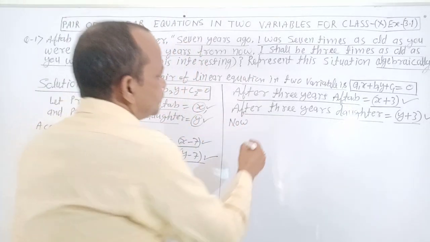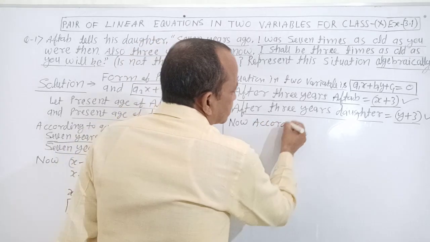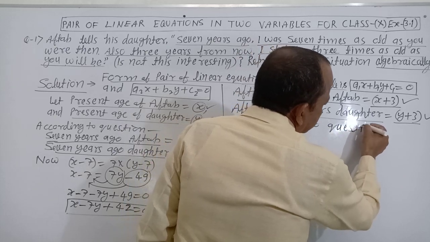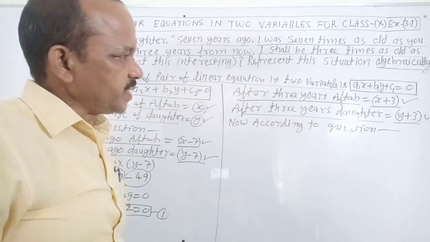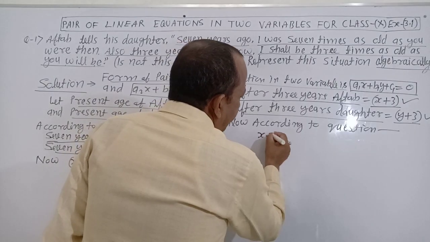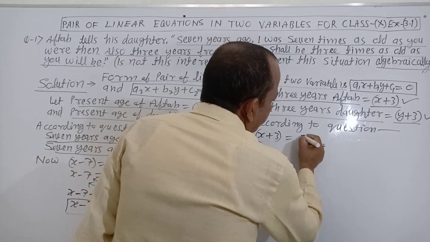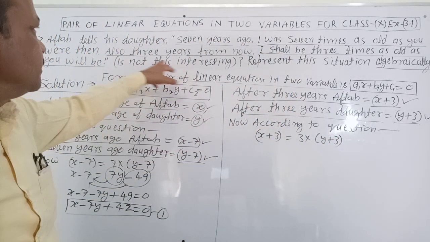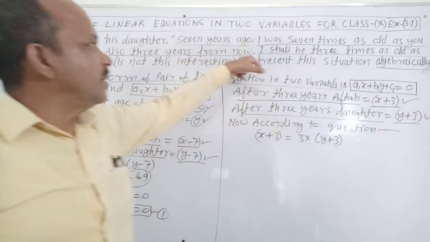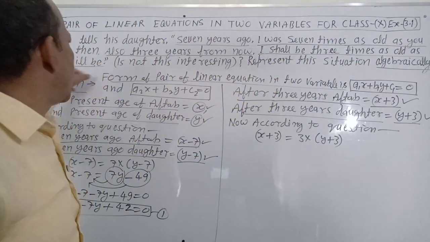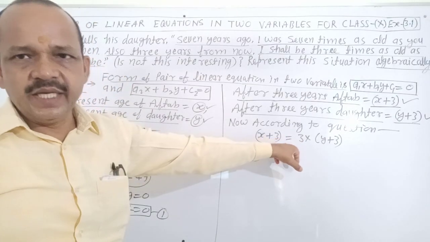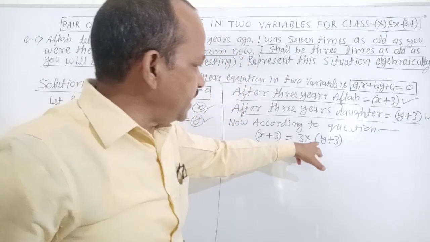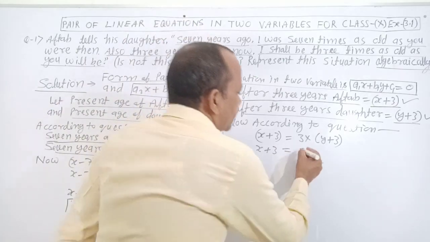According to the question, x plus 3 equal to 3 multiply y plus 3. Here also, 3 years from now I shall be 3 times as old as you will be. You can write x plus 3 equal to, you multiply 3 and y, it becomes 3y.